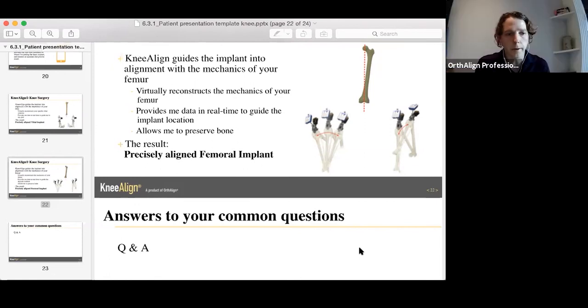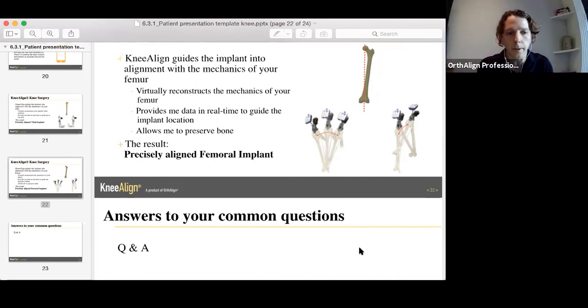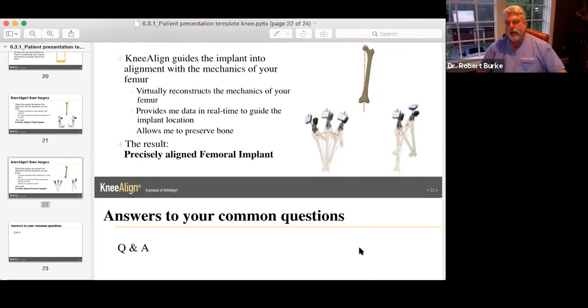And then PRP injections. PRP. Yeah, exactly. Can you comment on PRP injections? Platelet-rich plasma, or PRP, has been shown to have some limited efficacy in osteoarthritic joints.